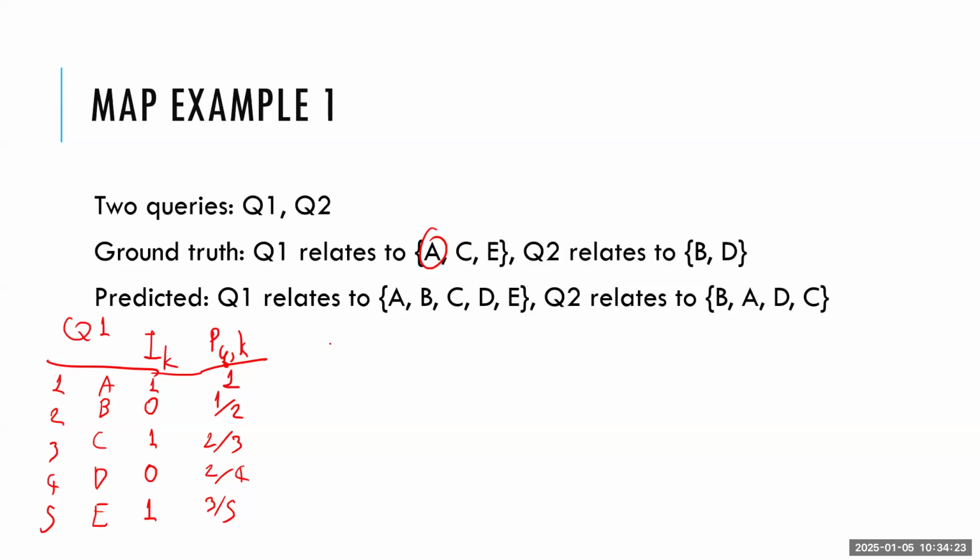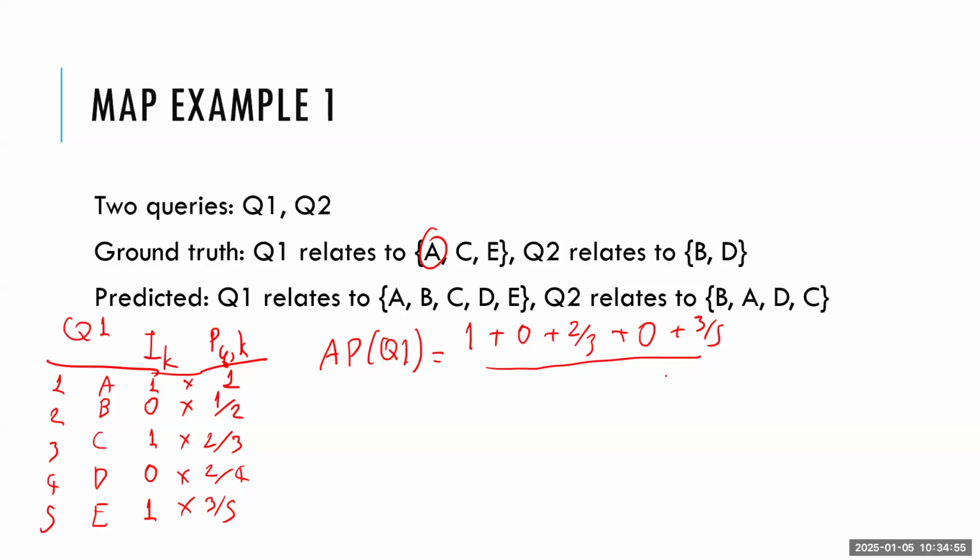So what is my AP for Q1? Basically, I just multiply these two, and then I sum everything up. So it's 1 plus 0 plus 2 over 3 plus 0 plus 3 over 5, divided by 3, where 3 is the number of relevant documents. So that is AP for Q1.